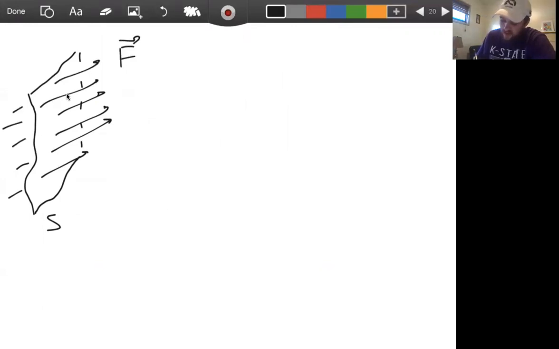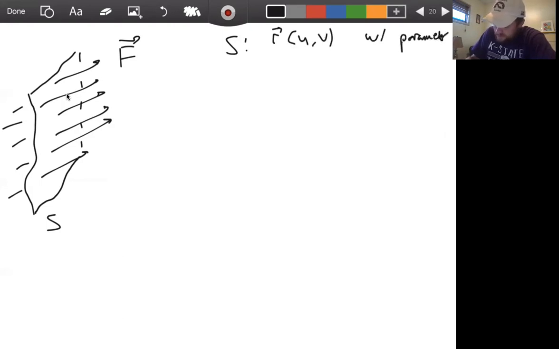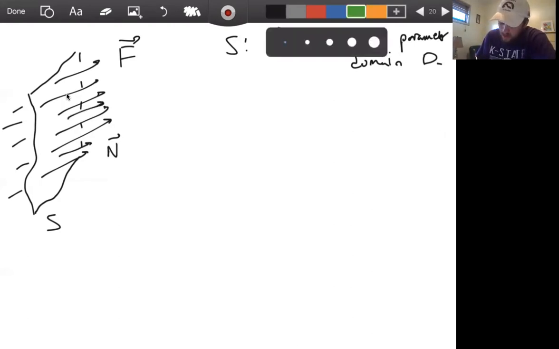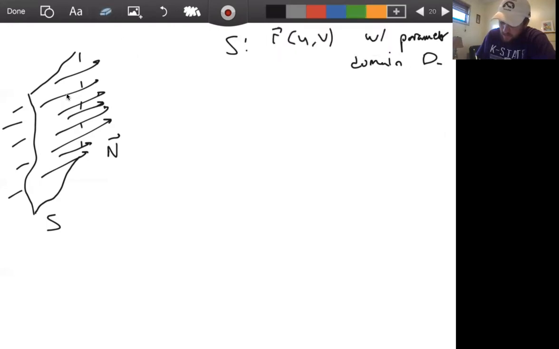And so this is a surface S given by R of UV with parameter domain D. We also have a normal vector field N here. And so what I've drawn is more representative of the normal vector field. So let's say N is the normal vector field in the color black, and then we'll have F in green, right? And it could be doing something different per se.